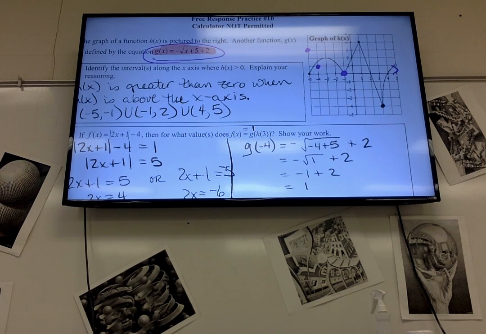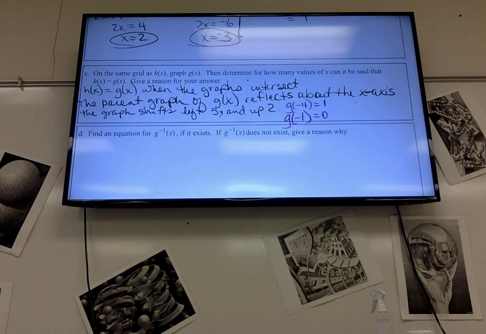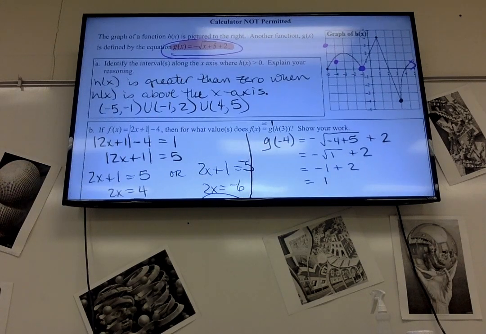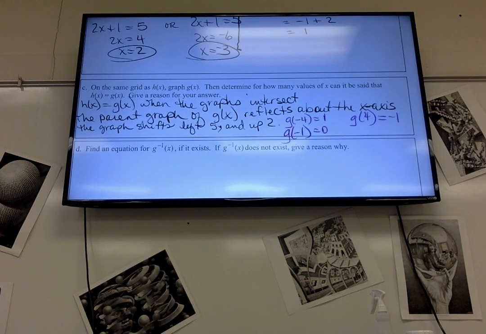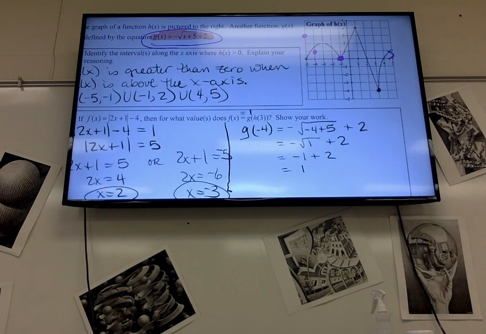2, 3, 4. Let's do 4. If I plug in g of 4, I get square root of 9, which is 3. -3 plus 2 is -1. 4 and -1.